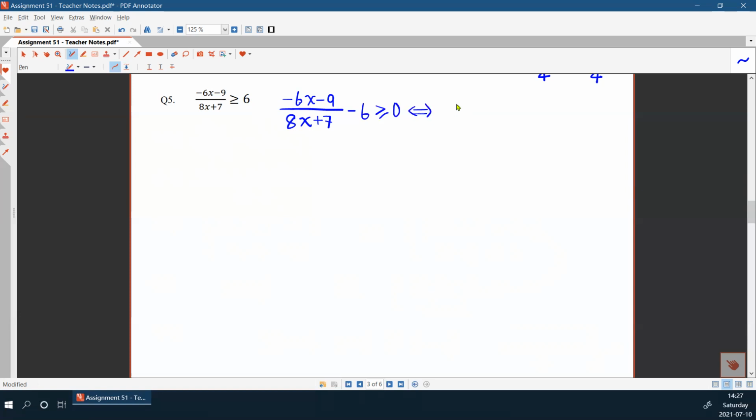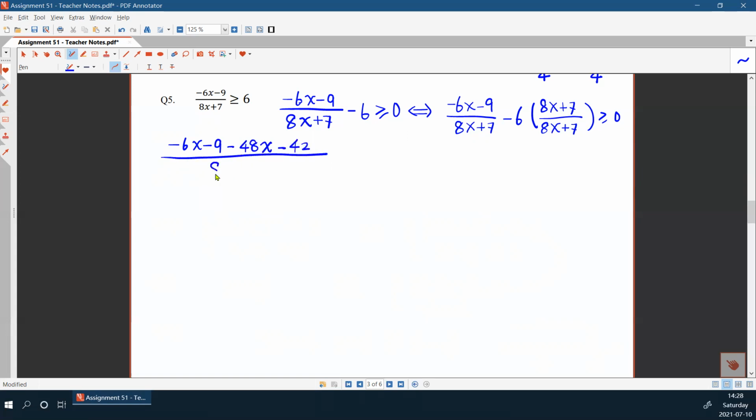And rewrite the expression on the left-hand side using the common denominator. Okay, and this is minus 6 minus 9. Minus 6 times 8x is minus 48x. And minus 6 times positive 7 is minus 42.